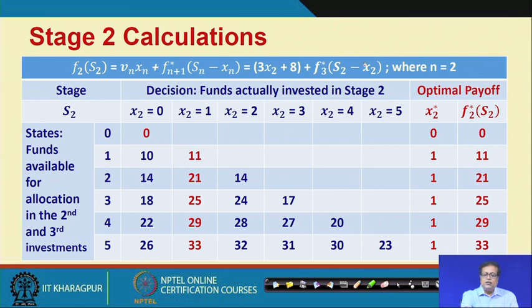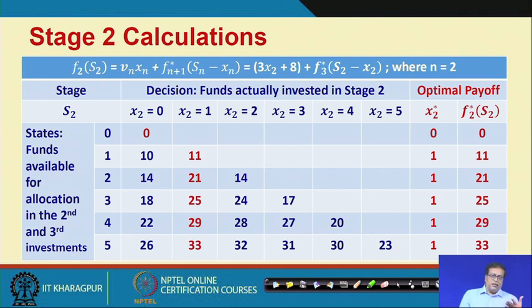What is S 2 minus x 2? That is the remaining money. So, if the remaining money is 0, then remaining money is 0. If x 2 equal to 0, if S 2 is 1, that means remaining money was 1. That 1 must have been spent at the third stage. See, this is the backward dynamic programming.